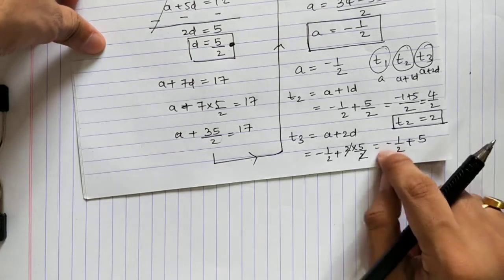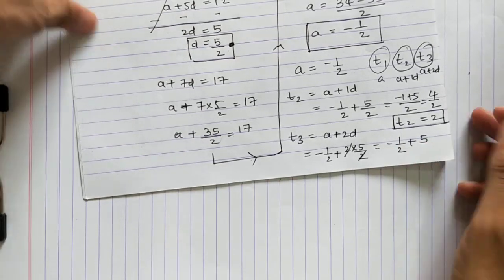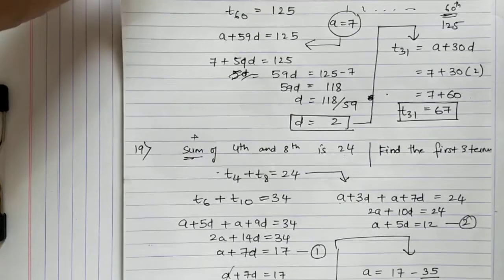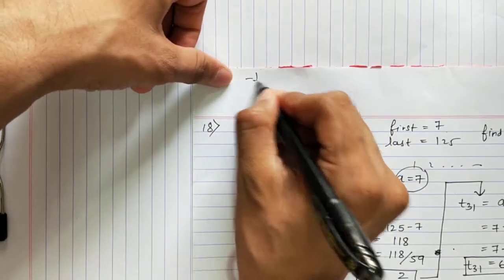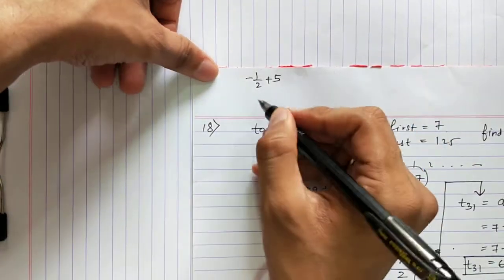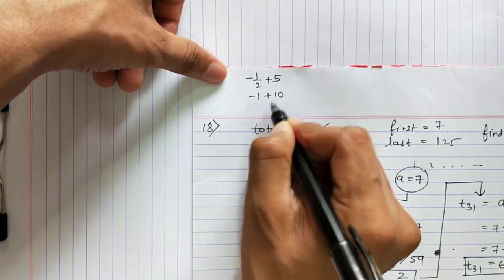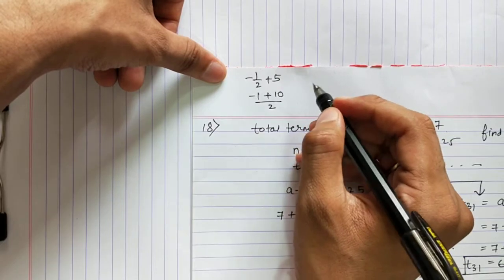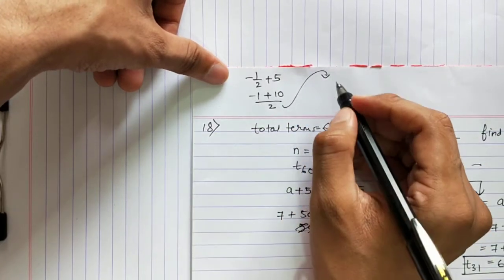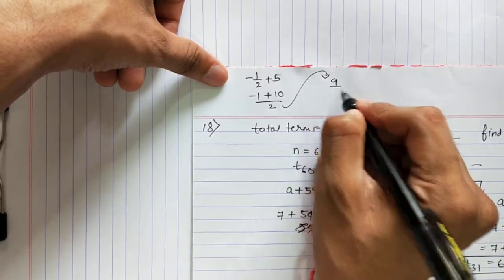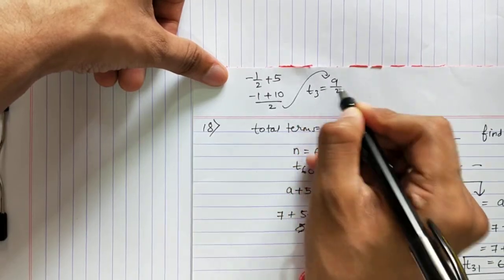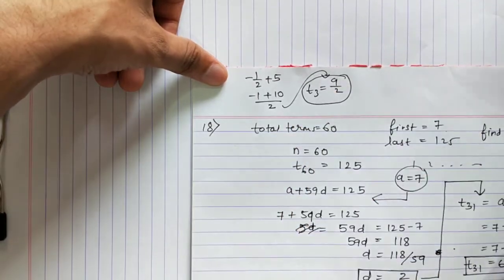So when you solve this, minus half plus 5, I'll do the sum here. Take LCM, minus half plus 10 upon 2, that is 9 upon 2. So the third term is 9 upon 2.